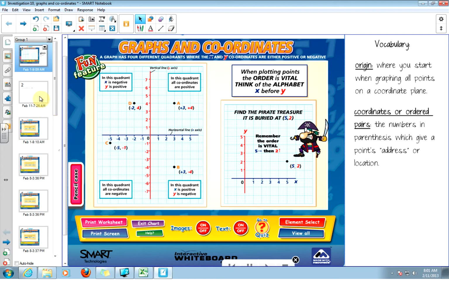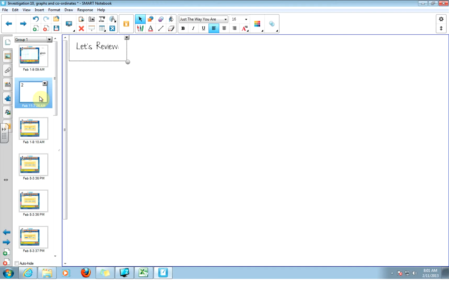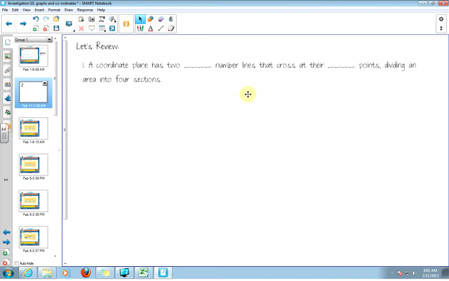Alright, so let's do a little review here. As we go along, please fill in the blanks on your paper. Number 1. A coordinate plane has 2 blank number lines that cross at their blank points, dividing an area into 4 sections.